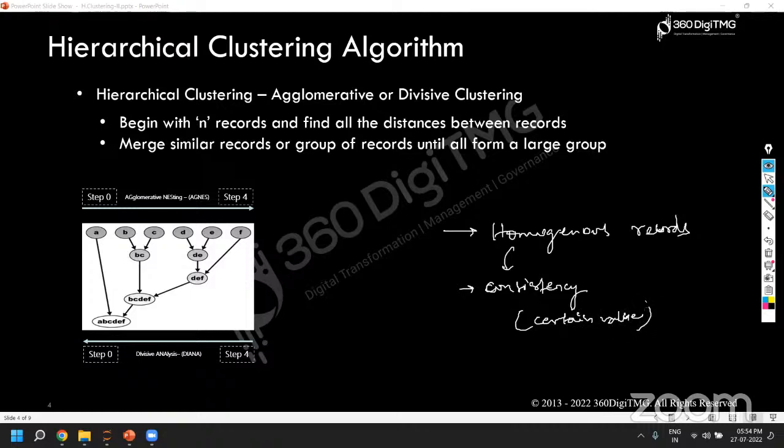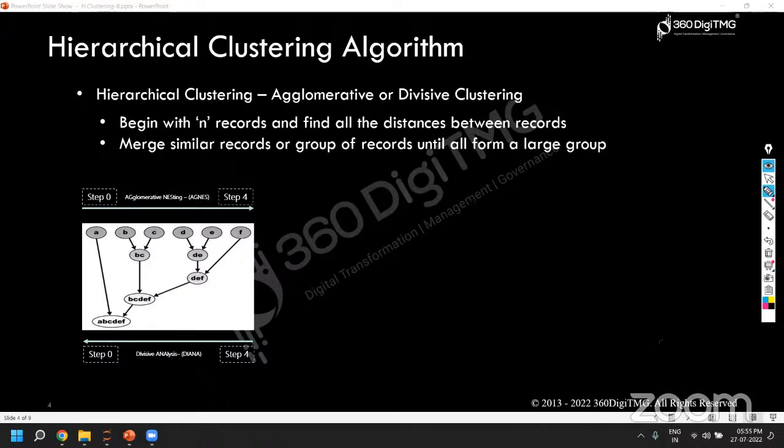That means we will be able to extract information easily. If there is uncertainty or inconsistency, then there will be difficulty in extracting the information. So this is the clustering logic.